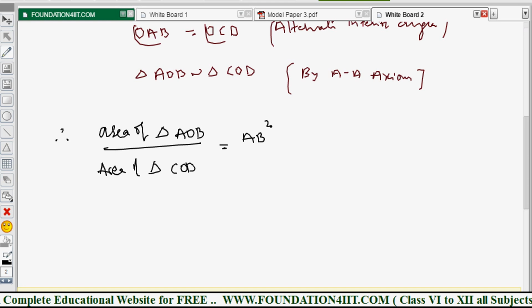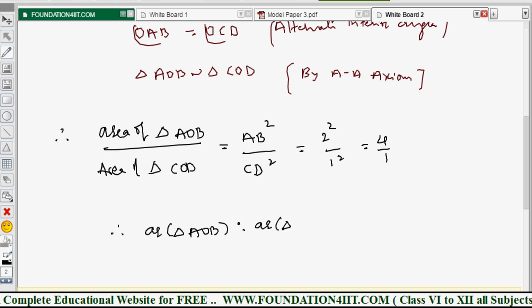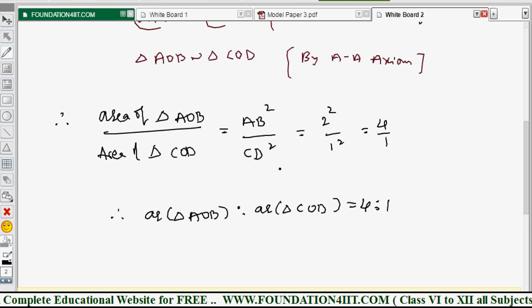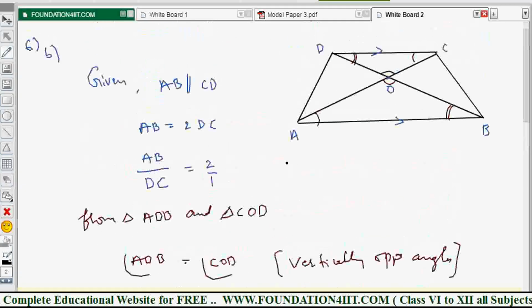So I am taking AB square by CD square, because we know AB by CD is 2 by 1. So this is 2 square by 1 square, so 4 by 1. Then areas are in 4:1 ratio. So therefore area of triangle AOB to area of triangle COD are in 4:1 ratio. Okay. This is just a property you should take and apply. And let us see the next question.